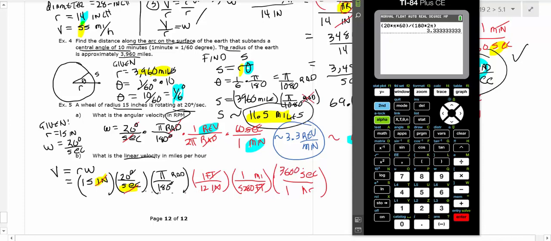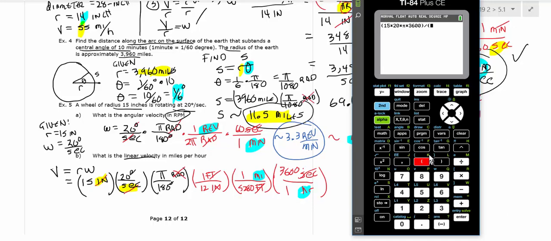Okay, all right, so now everything cancels out. So notice that what we're left with is miles on top and hours. And again, that radian is not really technically a unit. So to me, the safe way to do this is like this. This is what you ought to do as a student. You just do the numerator. 15 times 20 times pi times 3,600. And see, just use parentheses, and you'll never go wrong if you do it that way.